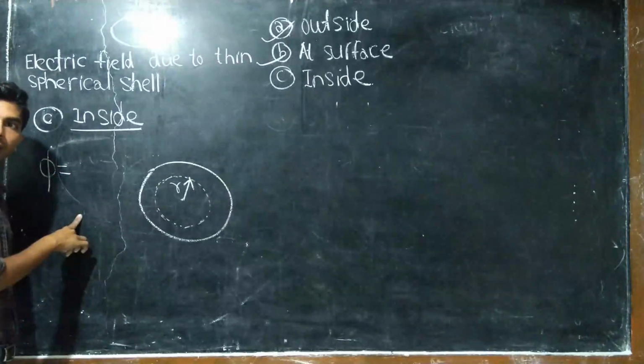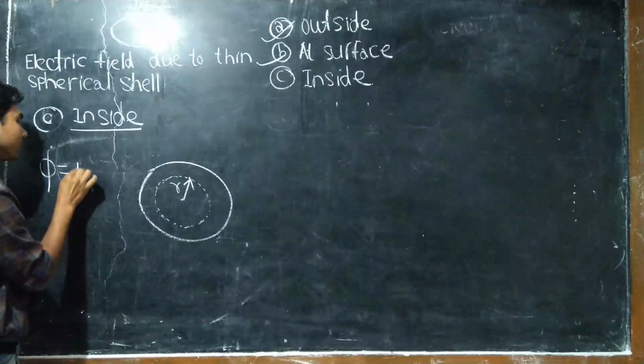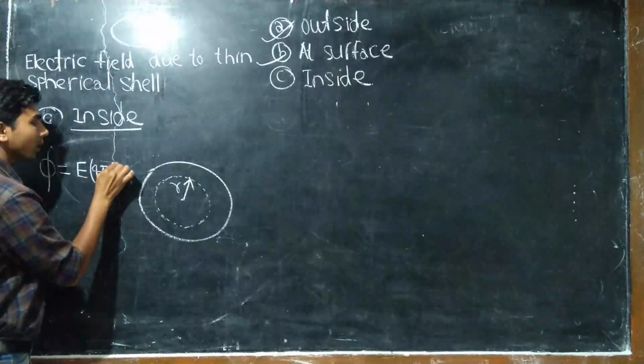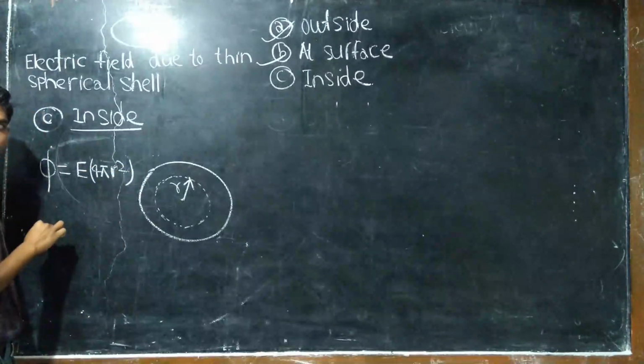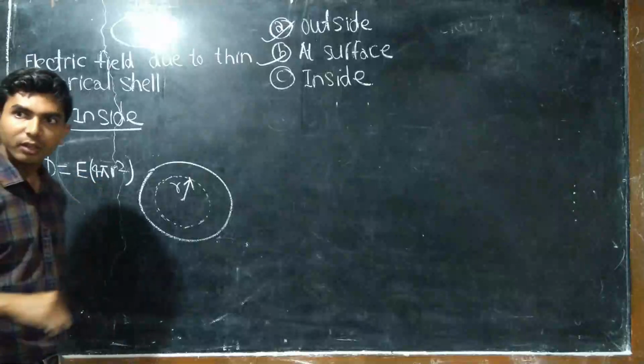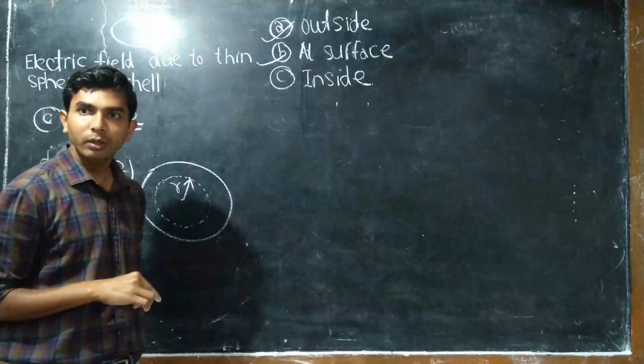Now, how much is the value of flux? Flux will be the same: E into 4 pi r square. And what is the charge inside this Gaussian surface? 0.